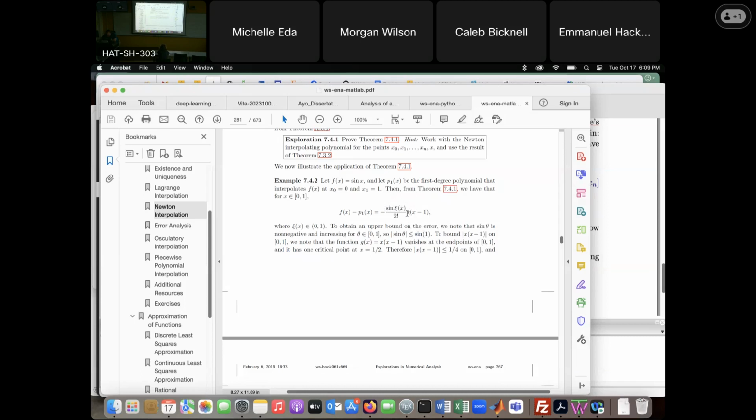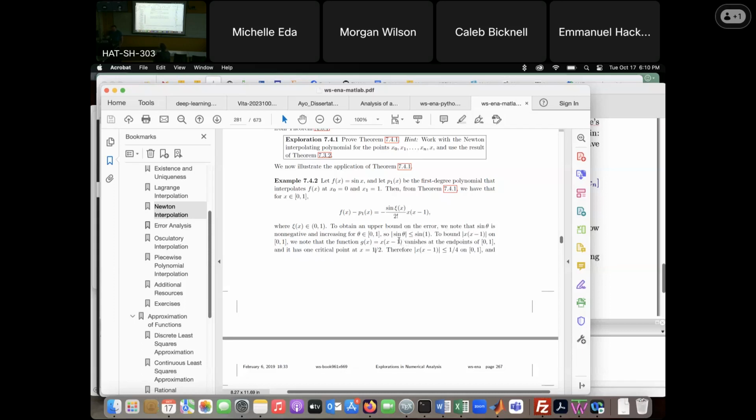Then, to see how large the other piece can get, we're looking at the maximum of this function on the interval 0 to 1. So you take the derivative, set it equal to 0, and you find it's equal to 0 at this one critical point, x equals 1/2. Then what we taught you to do in Cal 1 was also check the endpoints, but at the endpoints it's equal to 0.